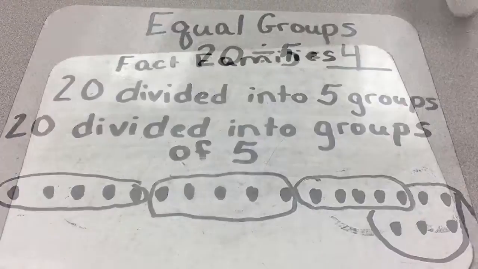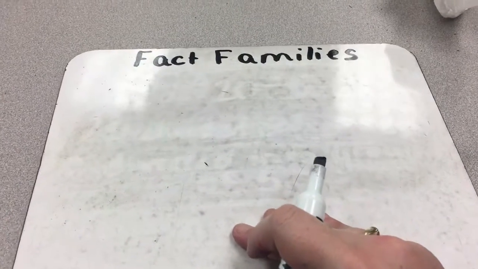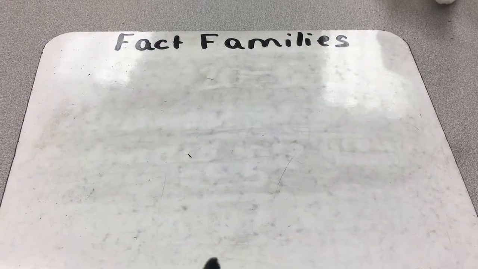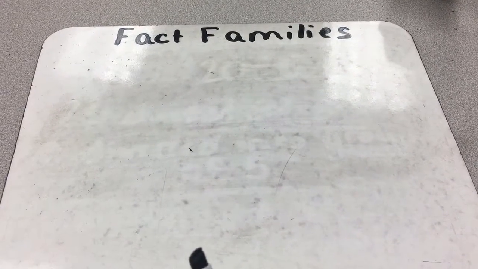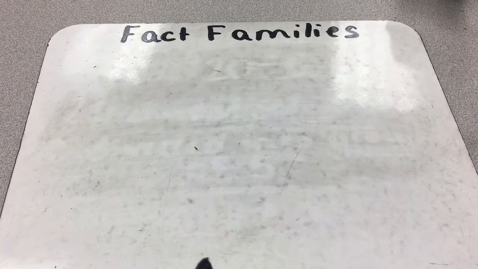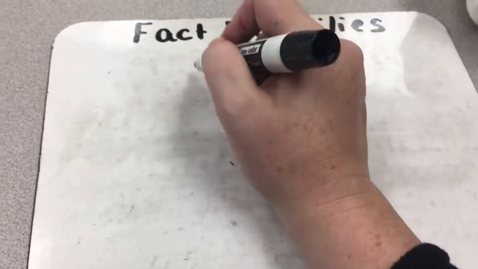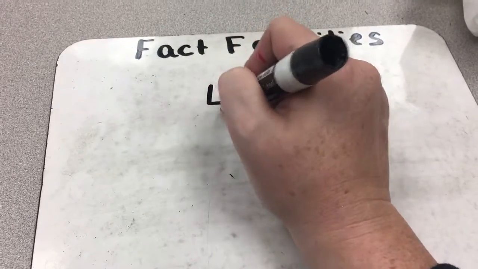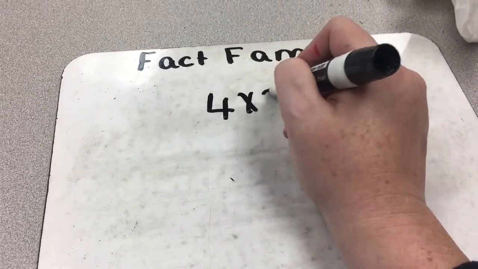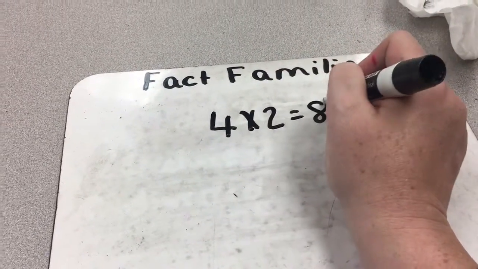division equations. Another way to help your child learn their division facts is to use fact families. We know that multiplication and division actually work together. They're just opposites of each other. So, for example, 4 times 2 equals 8.